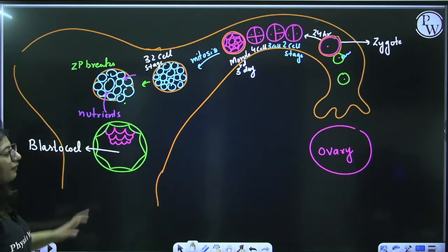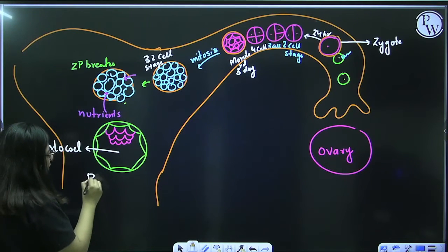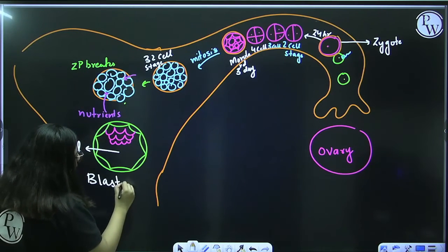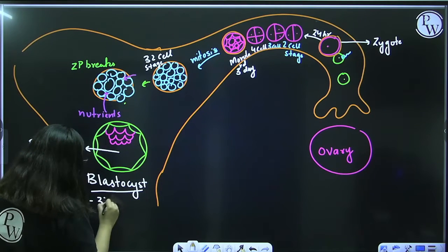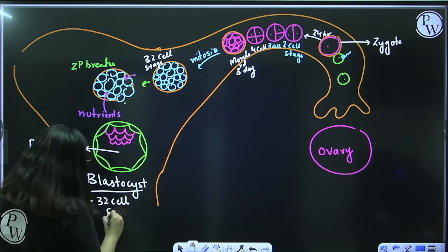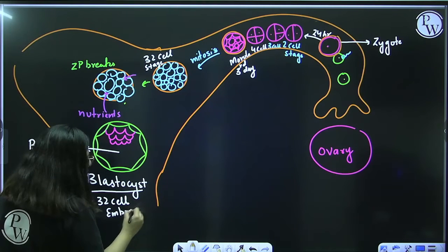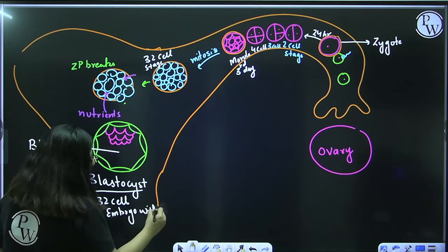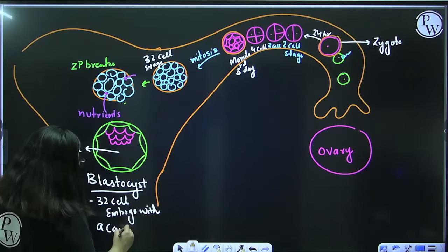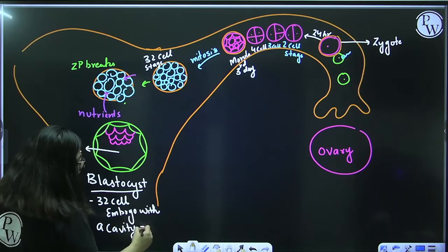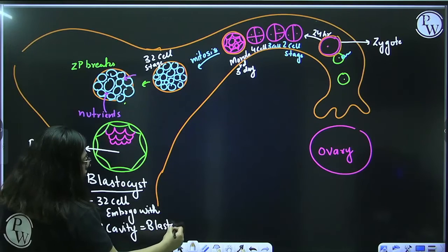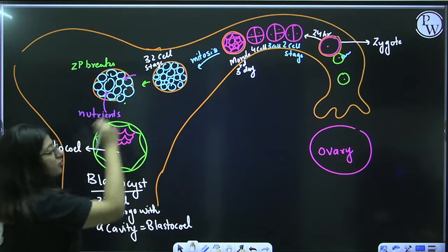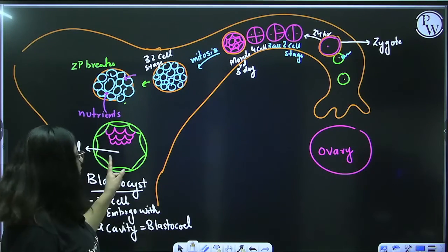And this 32 cell stage embryo is known as blastocyst. So blastocyst is a 32 cell stage embryo with a cavity. And what is the name of the cavity? Blastocele. You cannot call the earlier stage a blastocyst, because it does not have a cavity. The cavity is present in this stage.